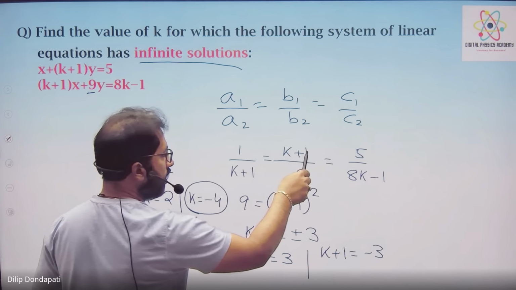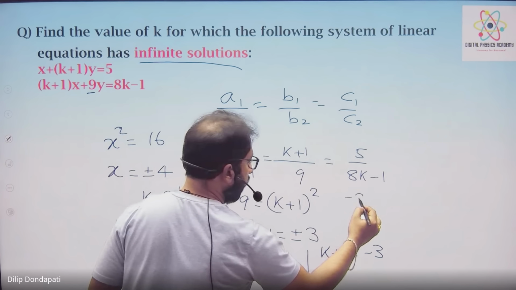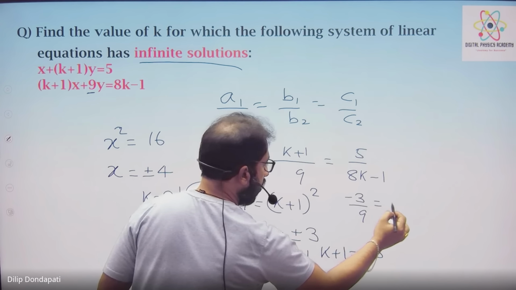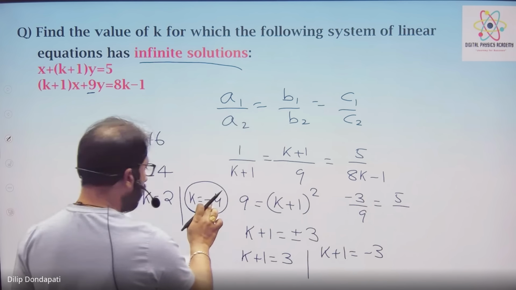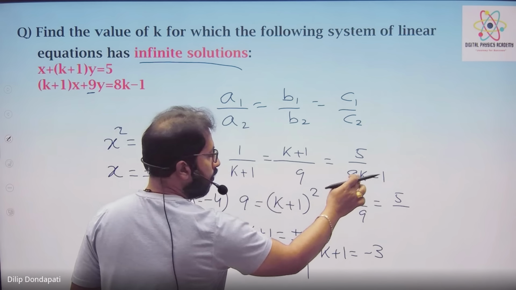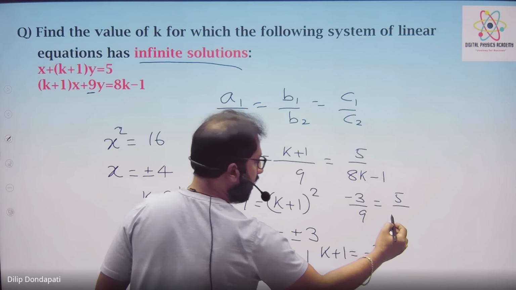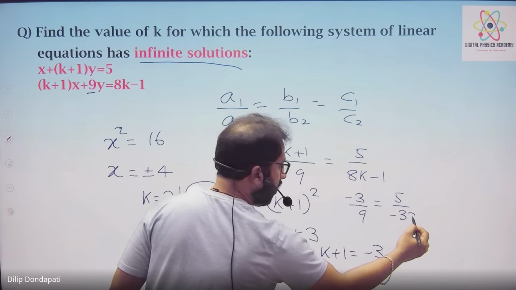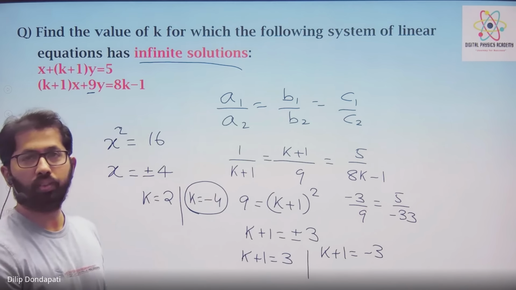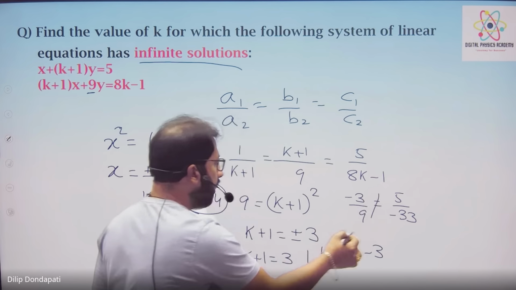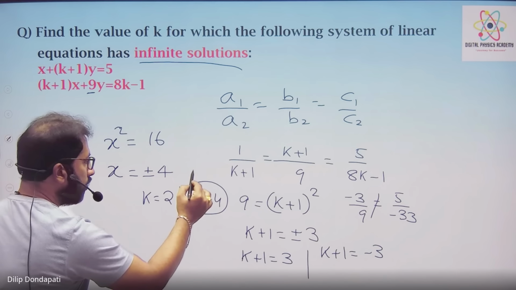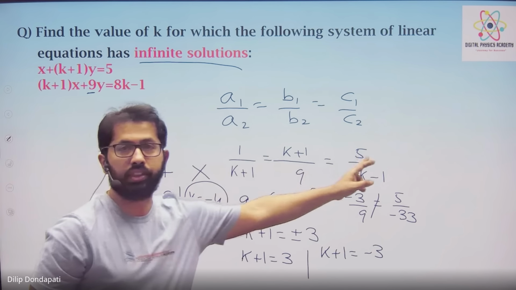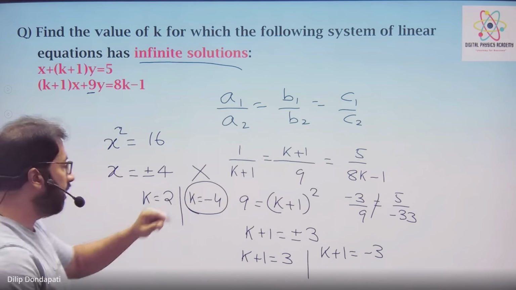Minus 4 plus 1 is how much? Minus 3, right? Minus 3 by 9 is equal to 5 by, substitute minus 4 in this, 8 into minus 4 is minus 32, minus 32 minus 1 is minus 33. Whether these both are equal? No, right? Not equal. That means K is equal to minus 4 is not satisfying the equation. That means answer is K equal to.